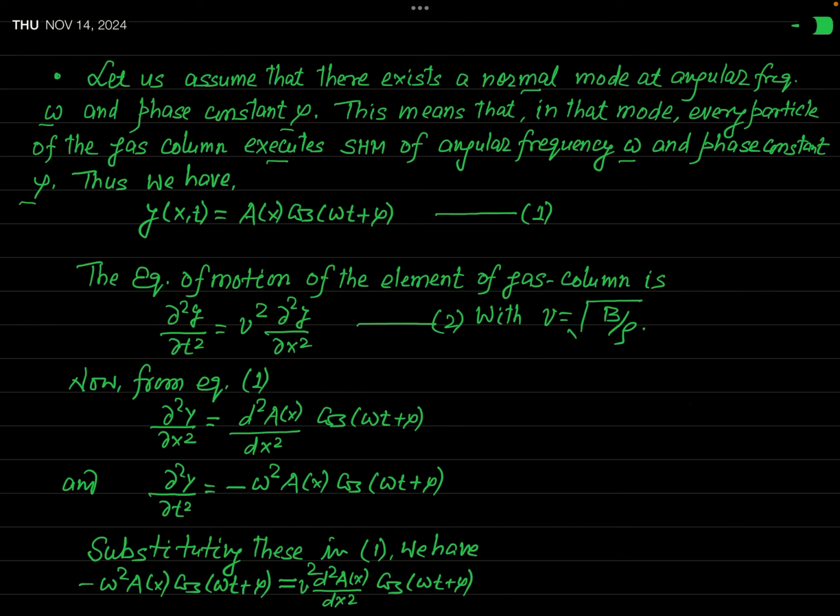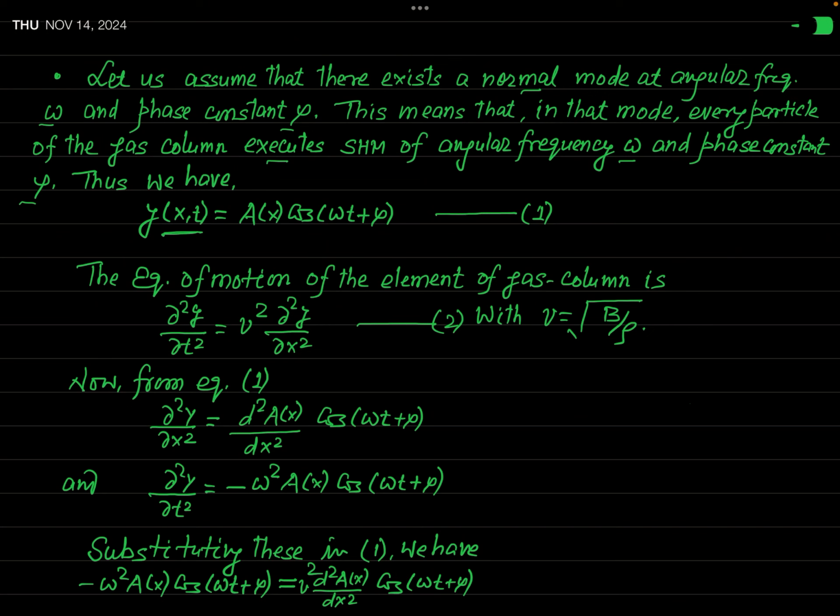And therefore, if you consider at any moment t the displacement of the oscillating particle denoted by the symbol y of x, t, what will that be? That will be represented by the equation of SHM. You know the equation of SHM is given as A times cosine of omega t plus phi, or A times sine of omega t plus phi, or in exponential form.